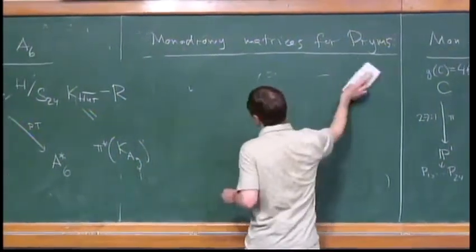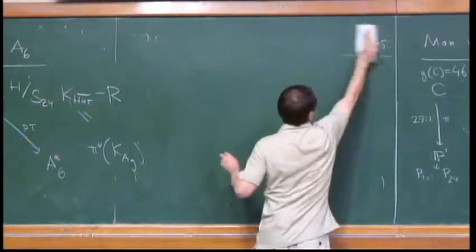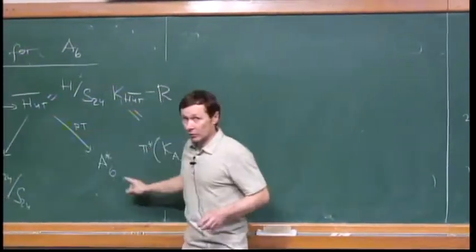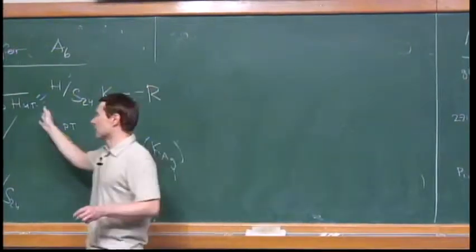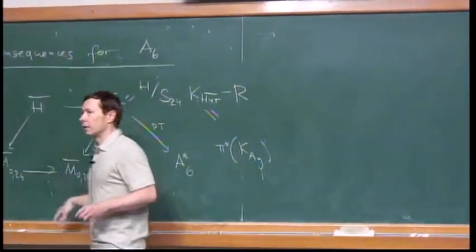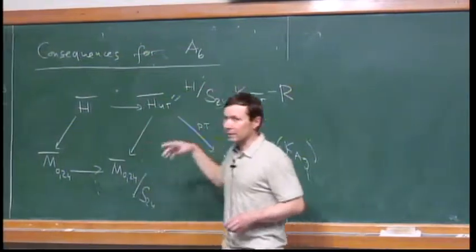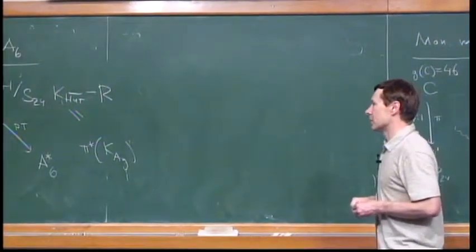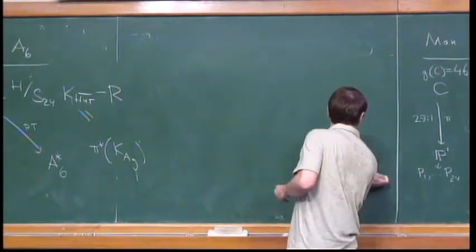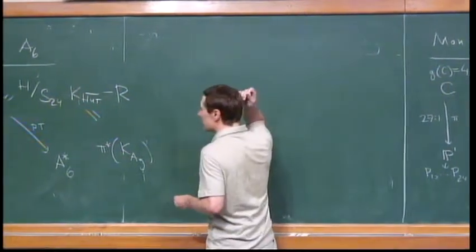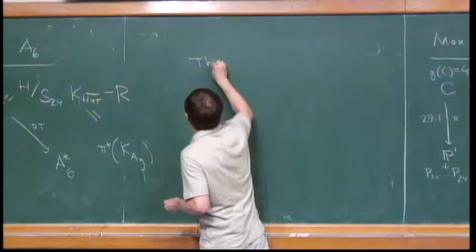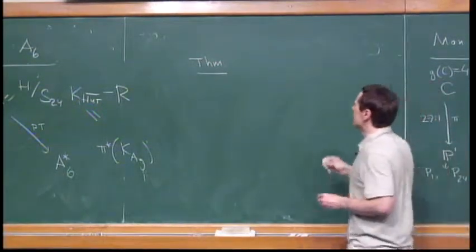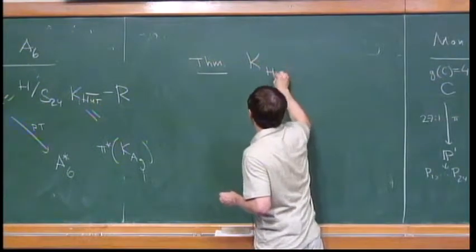So we know most of the things in this diagram. We know what the ramification locus of this map is. We know what the ramification loci here are. We know how the canonical class is pulled back and pushed forward. And at the moment, the only clear statement that we can make is this.